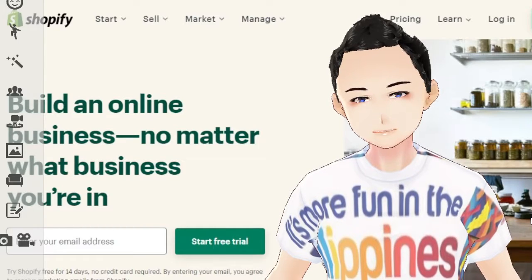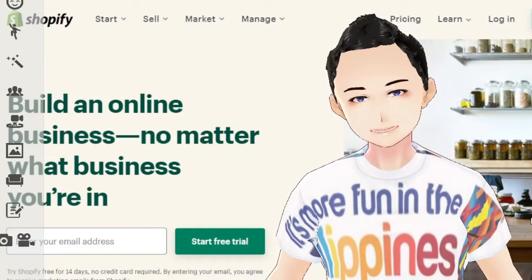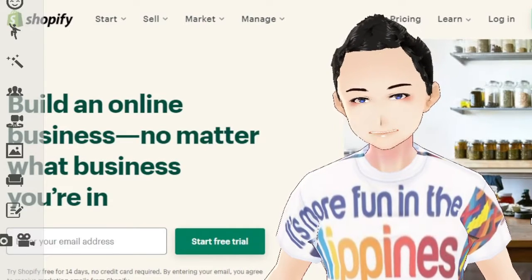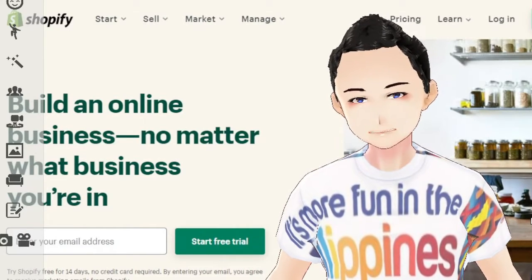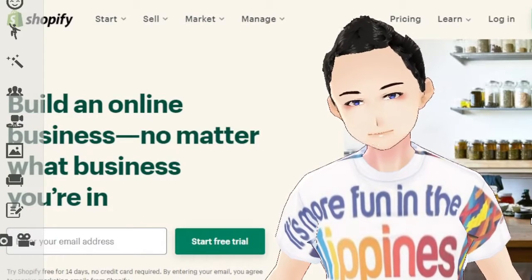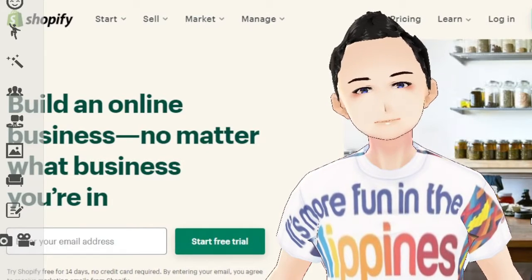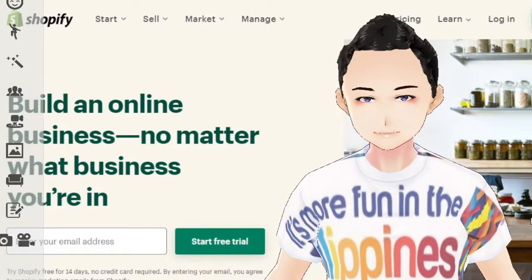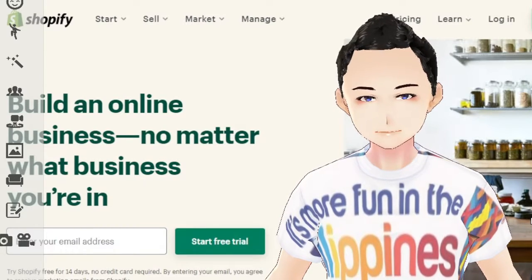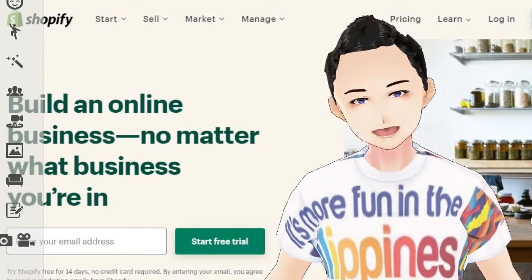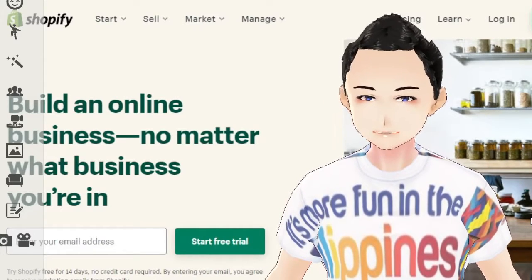So here, for example, is Shopify. And what's good about Shopify is it has a plug-in connector to Facebook ads, which leads us to the third step, which is how do you get customers to your online e-commerce site?